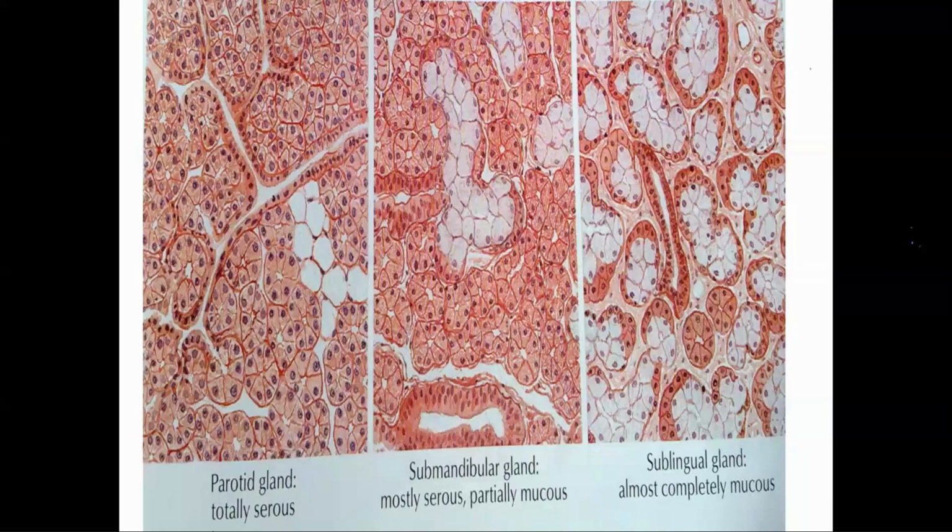From there, successive nerves pass: the tympanic branch of the glossopharyngeal nerve, tympanic plexus, and lesser petrosal nerve. And that lesser petrosal nerve relays in the otic ganglion.